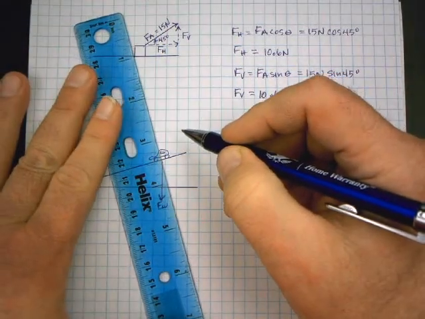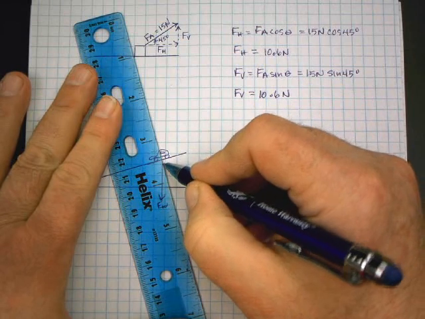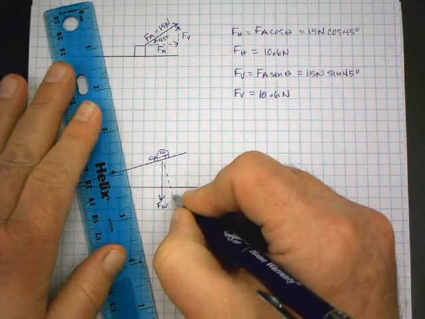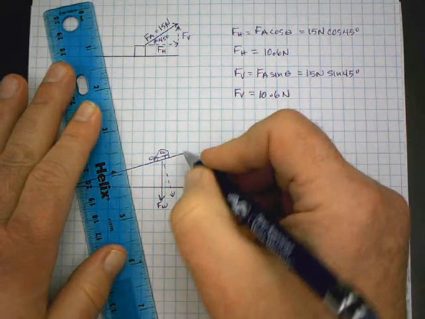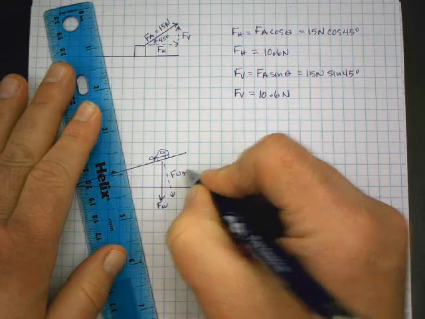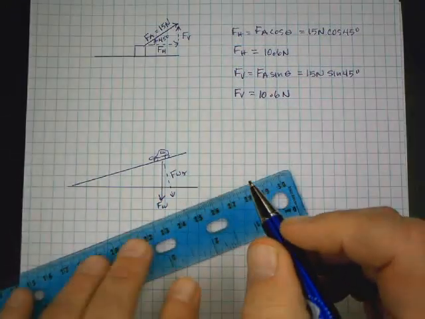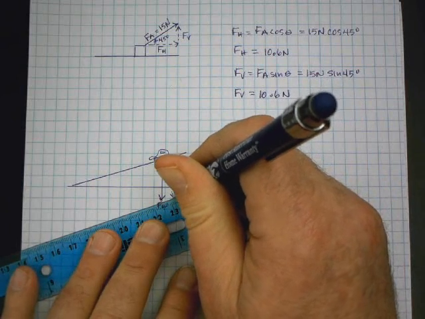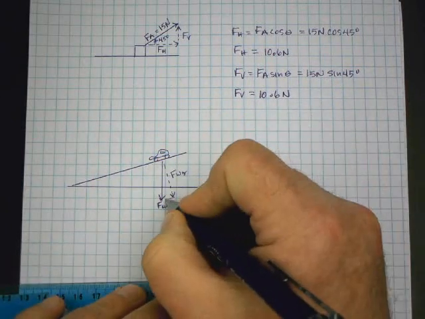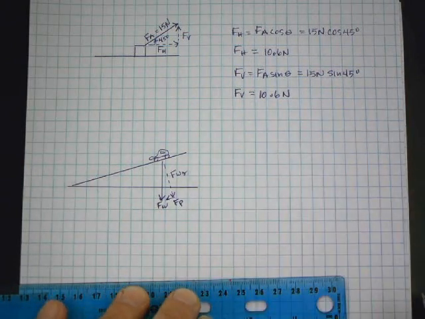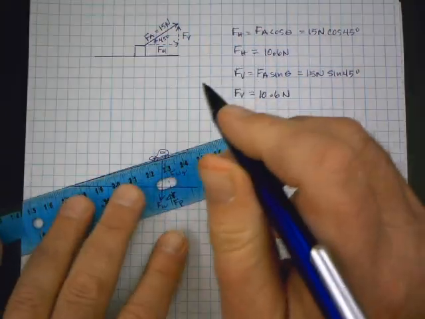And part of that weight has a component going this way, which I like to call FWY. And then a component going this way, which is called FP for the parallel component.